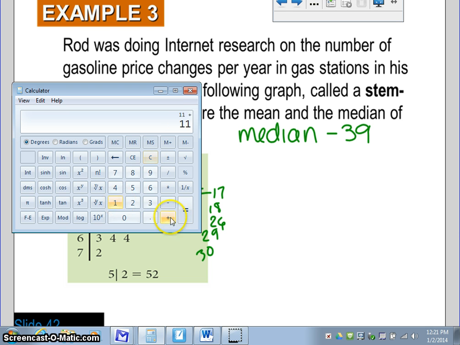We've got 11 plus 11 plus 11 plus 12 plus 13 plus 17 plus 19.